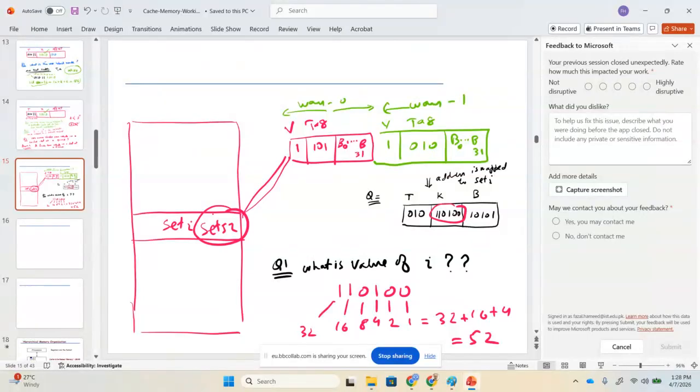Any question? Question number 2. Is there a hit or a miss? Anyone may answer.